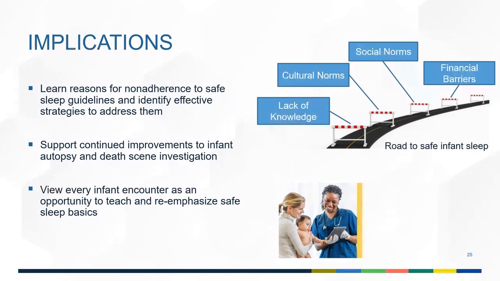We're also increasingly realizing the importance of exploring social determinants of health and how they impact families' access to and receipt of screening for intrinsic factors, as well as their ability to adhere to extrinsic factors, which may increase risk for sleep-related death.